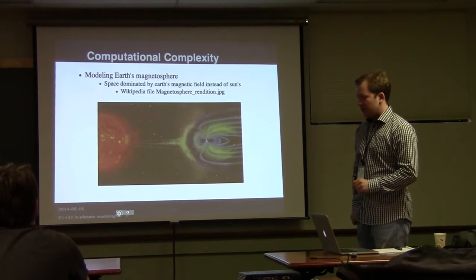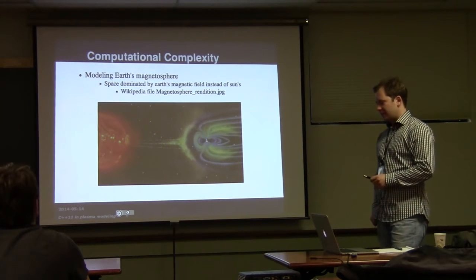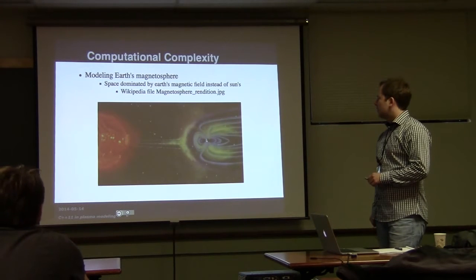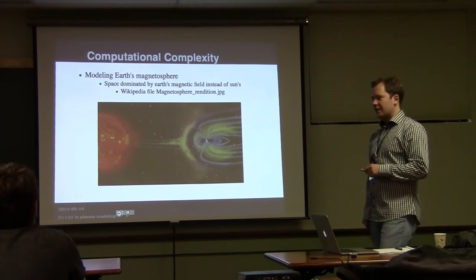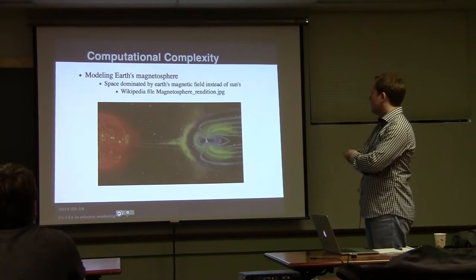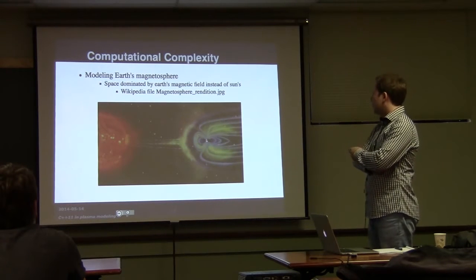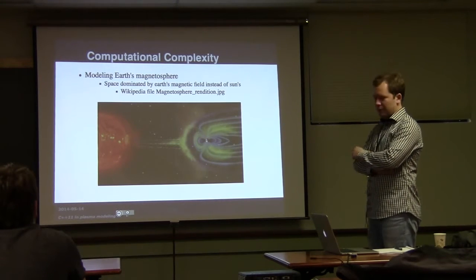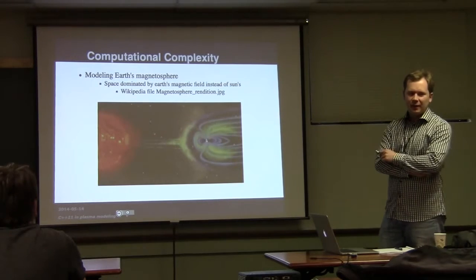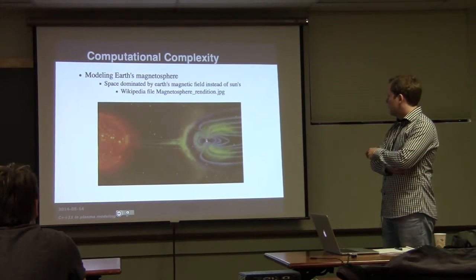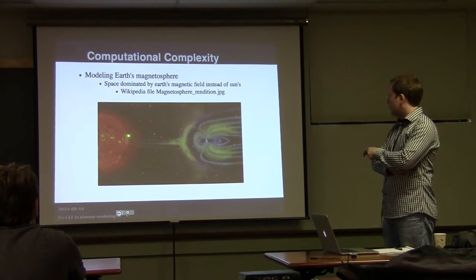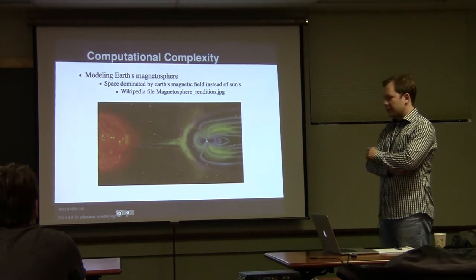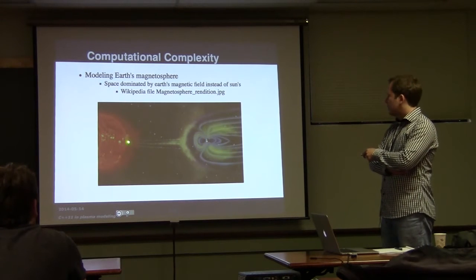So one problem is the computational complexity, or maybe the main problem. Well, I'll use as an example the Earth's magnetosphere, which is here illustrated by an artist. So basically the magnetosphere is the region of space which is dominated by the Earth's magnetic field instead of the sun's. And so here you can see the constant solar wind, which is just the flux of plasma which is constantly emitted by the sun and then blown away.